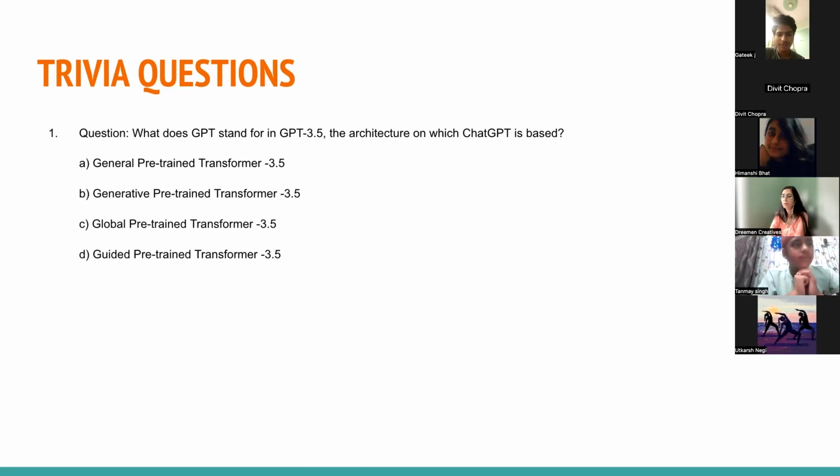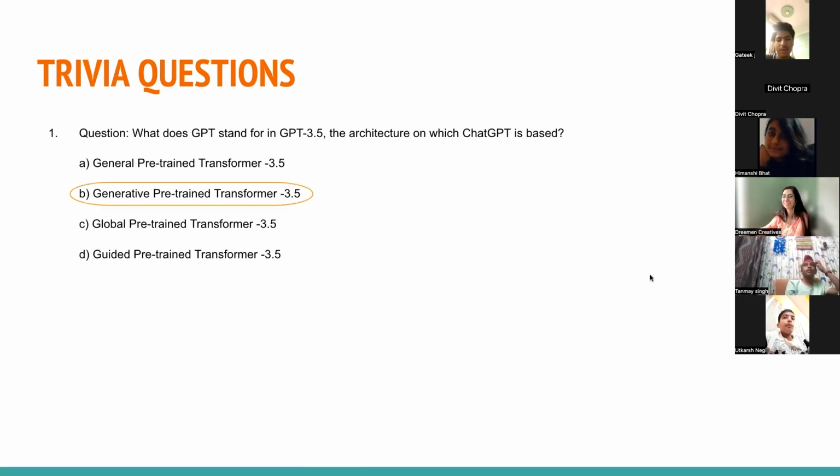Generated pre-trained transformer 3.5, generative pre-trained transformer, general, generative, global, and guided. Rest is same, pre-trained transformer 3.5. Yes, David. Option B. Himanshi. Option B. Good.